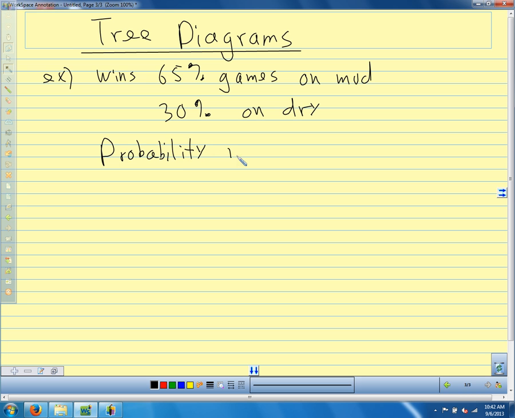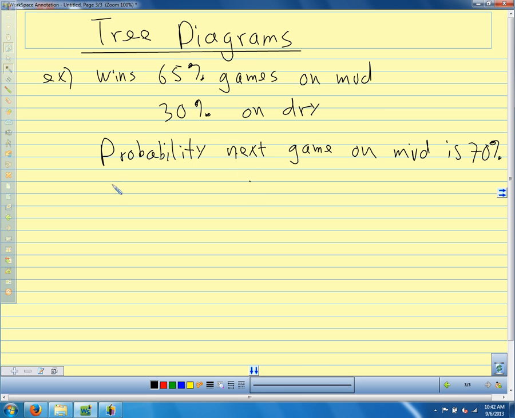Probability of the next game being on mud is 70%. I guess they're predicting a lot of rain. I don't know how you get that probability, but the net probability that the next game is on mud is 70%.